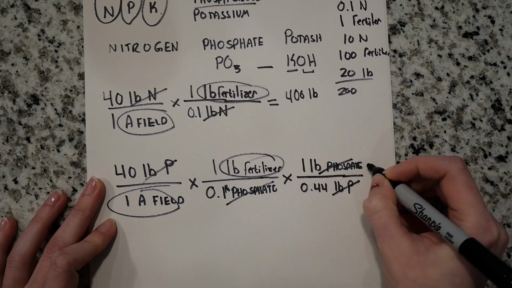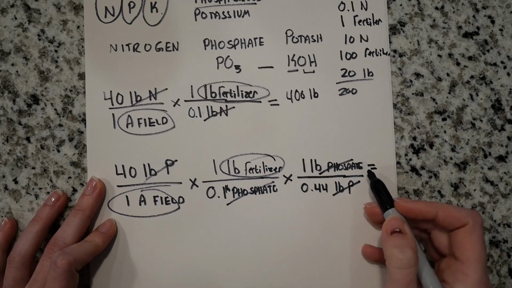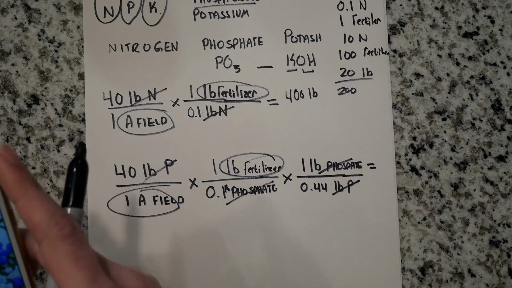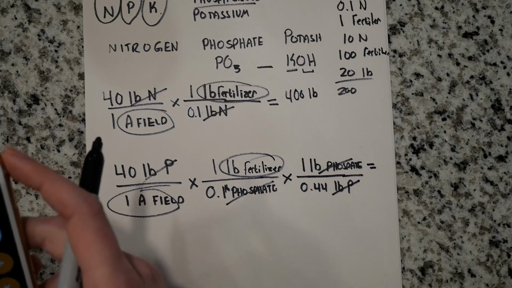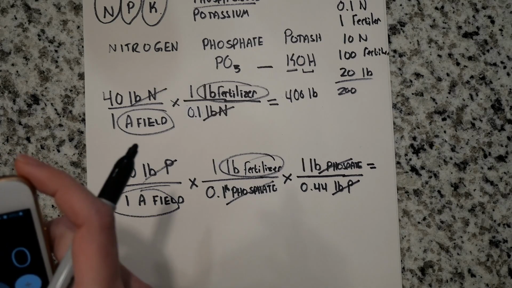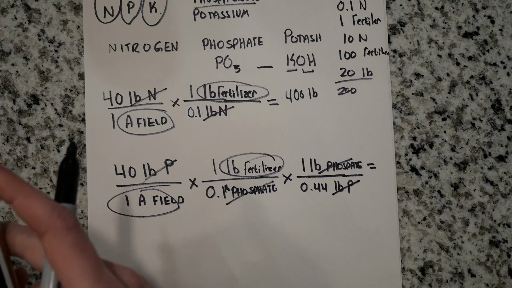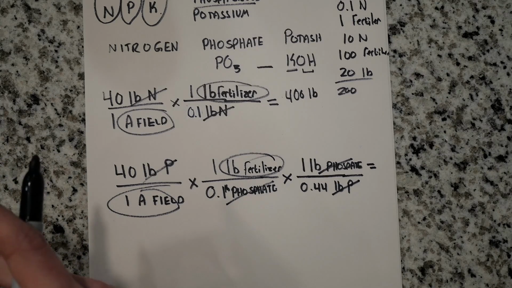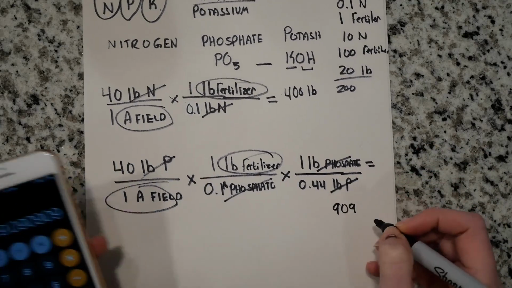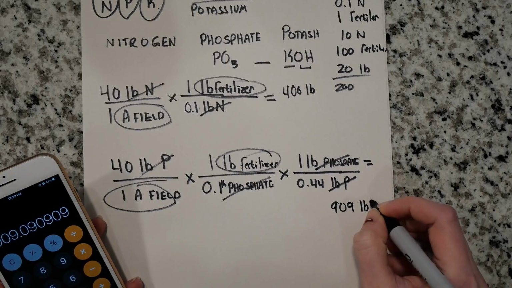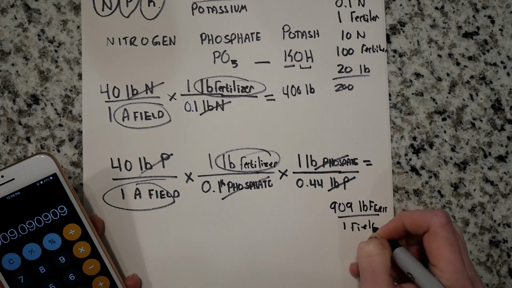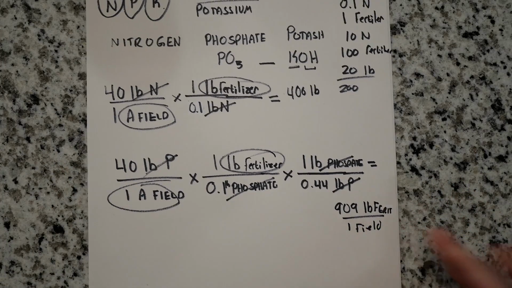And then we go 40 times 1 times 1 divided by 1 divided by 0.1 divided by 0.44, which would be, let's just say 400 divided by 0.44 equals, so we'd need 909 pounds of fertilizer for this one field. Hopefully that all makes sense.